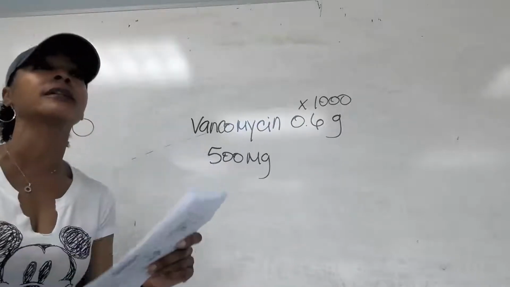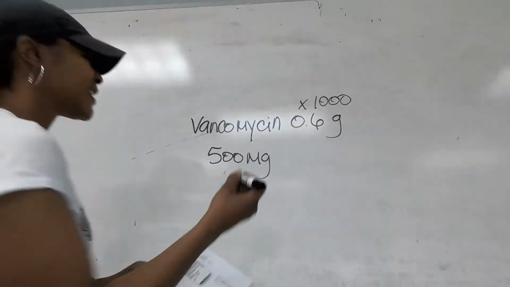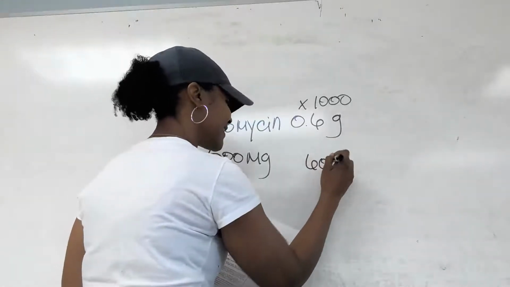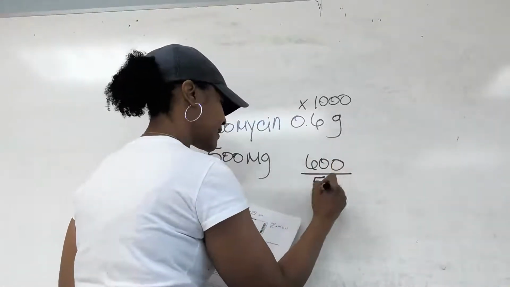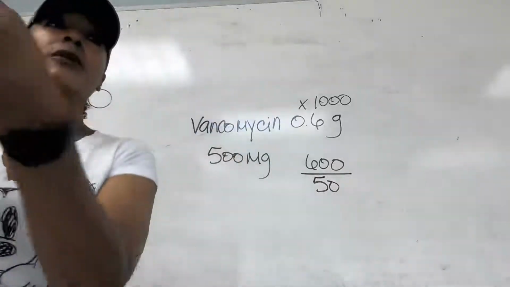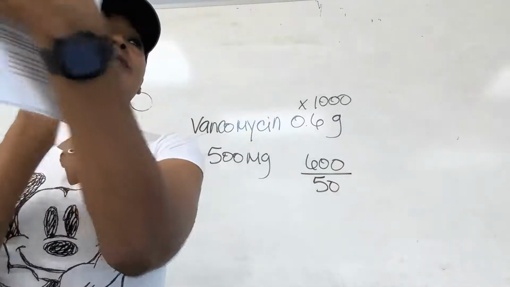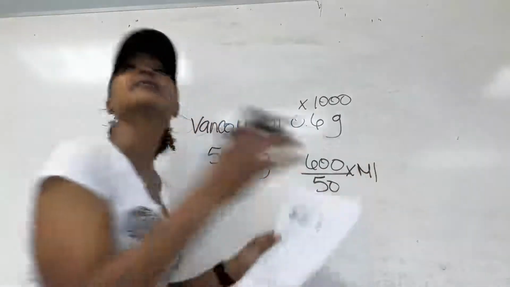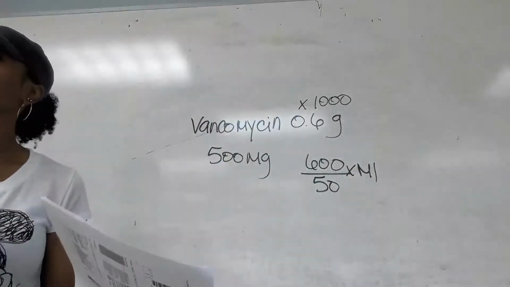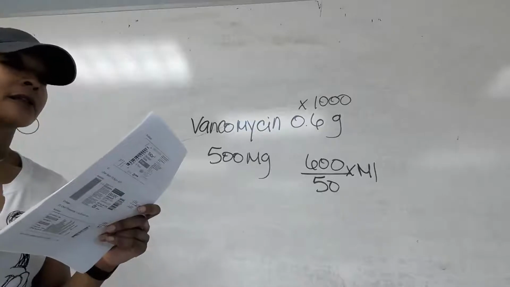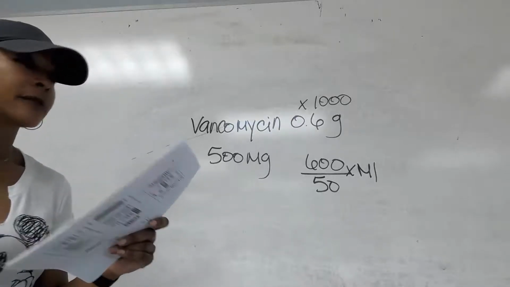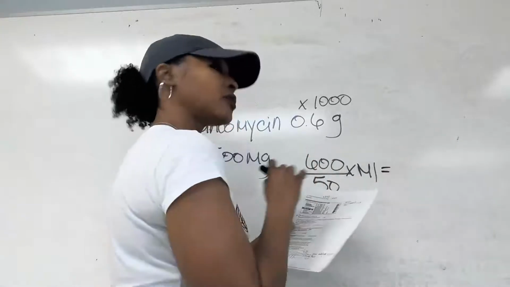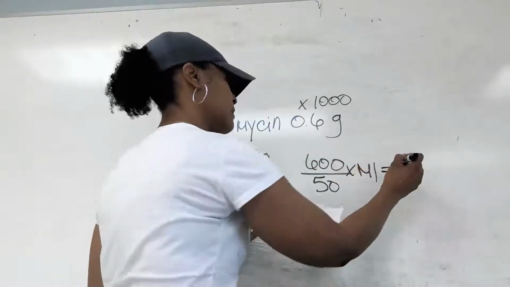Reconstitution means the medicine has been mixed up and the dosage has changed. So it would be 600 divided by 50 now, instead of the 500, because that dosage is no longer valid.